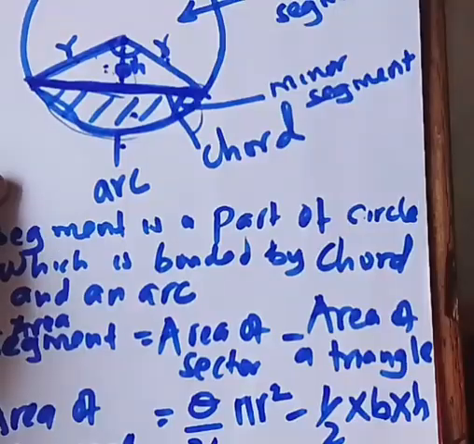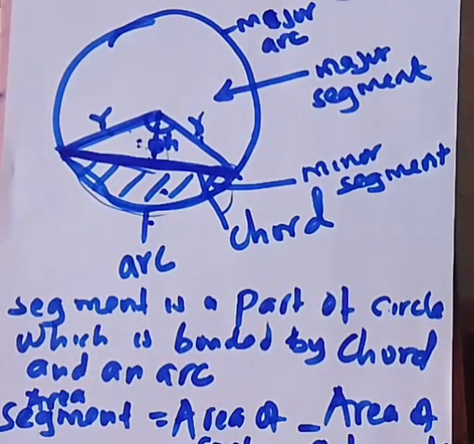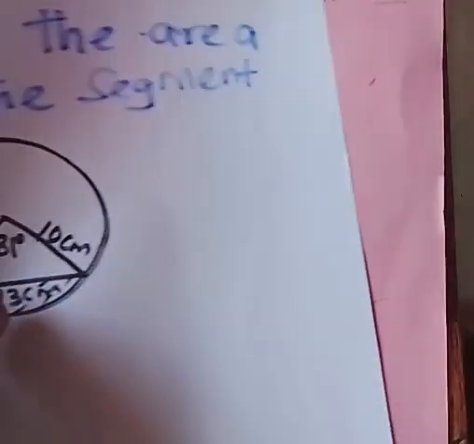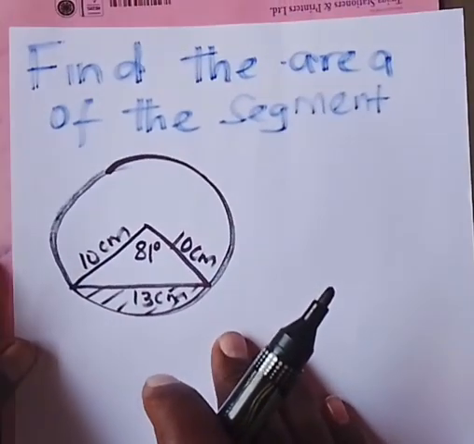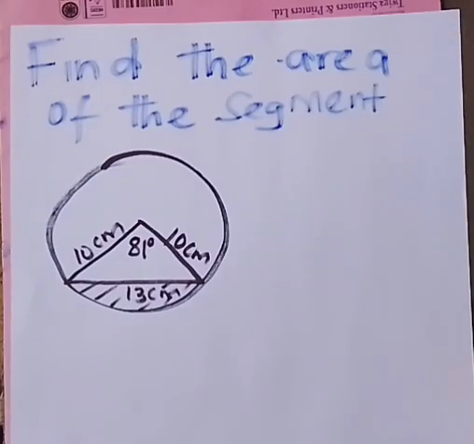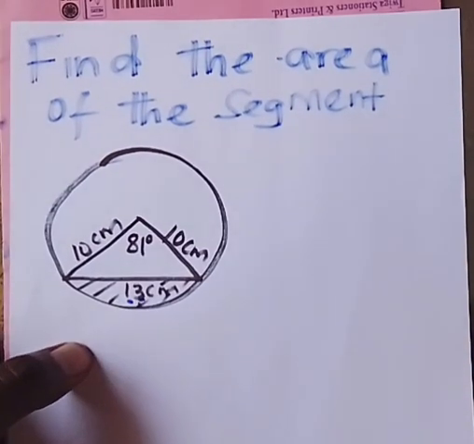Now, can we look at one example about the segment? Let's look at this one. Find the area of the segment. The segment is this shaded region here.